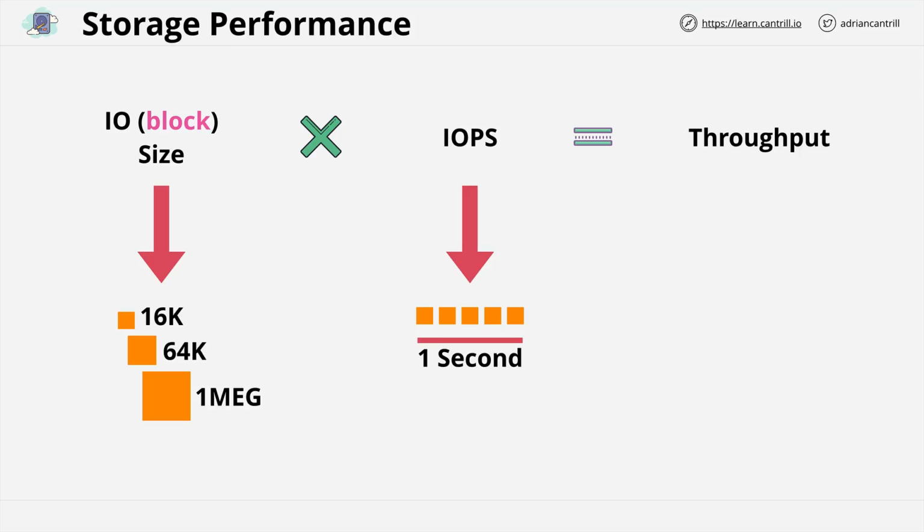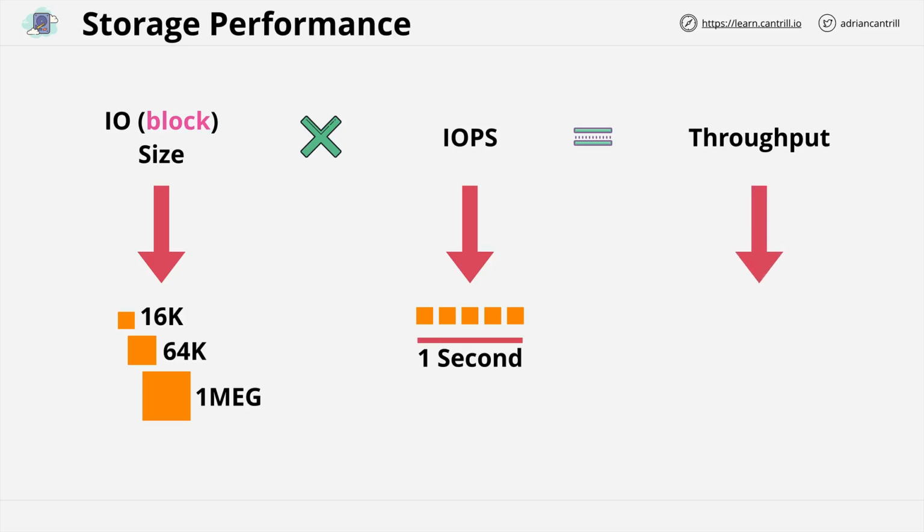Now, certain media types are better at delivering high IOPS versus other media types, and certain media types are better at delivering high throughput versus other media types. If you use network storage versus local storage, the network can also impact how many IOPS can be delivered. Higher latency between a device that uses network storage and the storage itself can massively impact how many operations you can do in a given second.